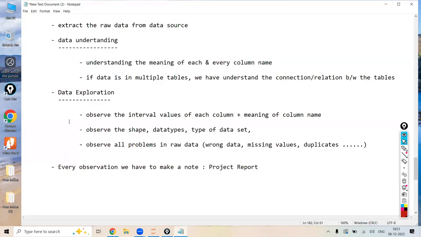In the project report, we are going to write all these things. Where you write is your choice: in notebooks, in the notepad, in an email, or in the Jupyter notebook. But writing is compulsory. Every observation you have to write.